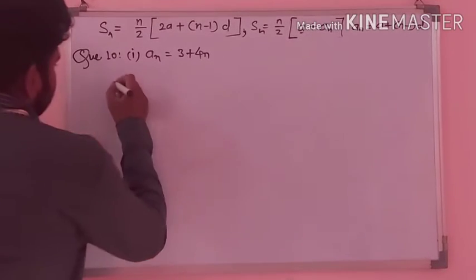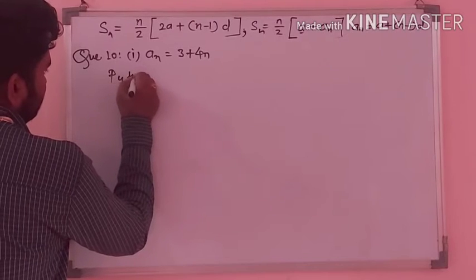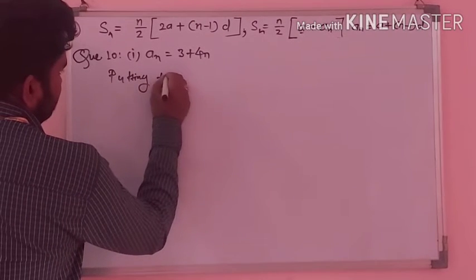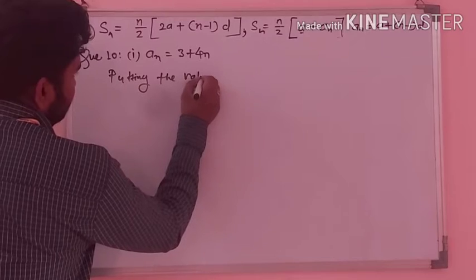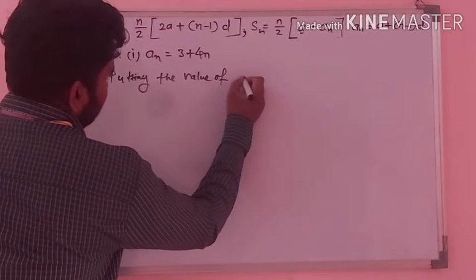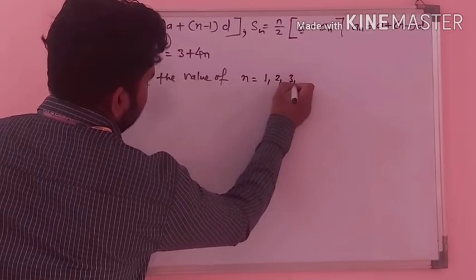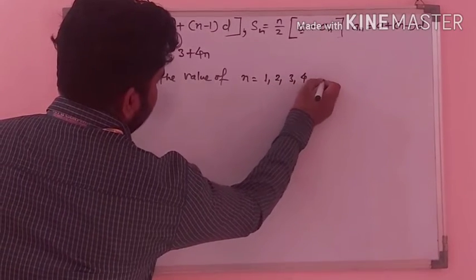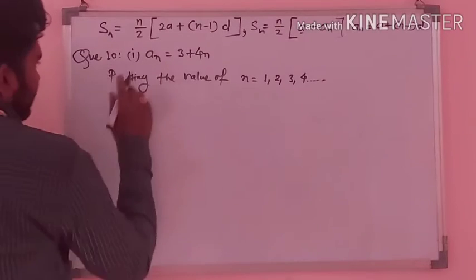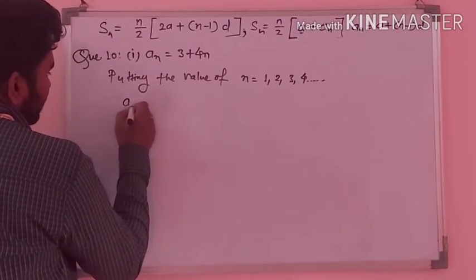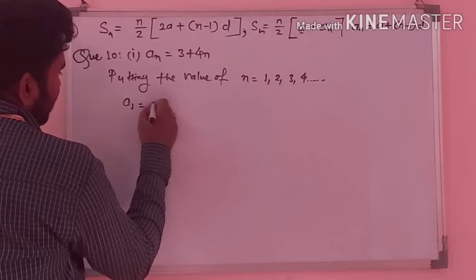So put the value of n equal to 1, 2, 3, 4 and so on. Let's put the value 1, that means we get 3.